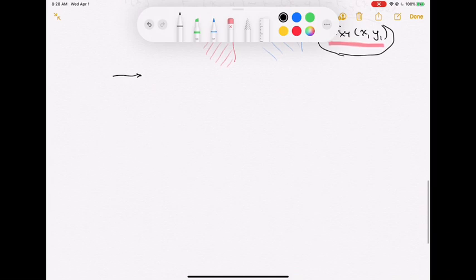So let's try this. Given some event, let's call it A, we've already hinted at this, then we know that the probability of A is equal to what? We integrate over whatever describes A. So I'm going to show that double integral with an A underneath it. It just means you set up your limits of integration in such a way that you cover the area corresponding to A. And then we take our joint probability density, f_XY, and we could do this as a function of x and y.